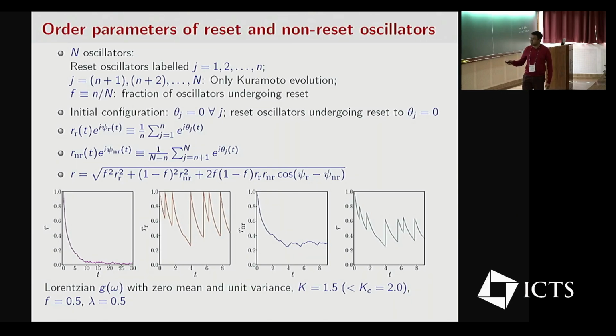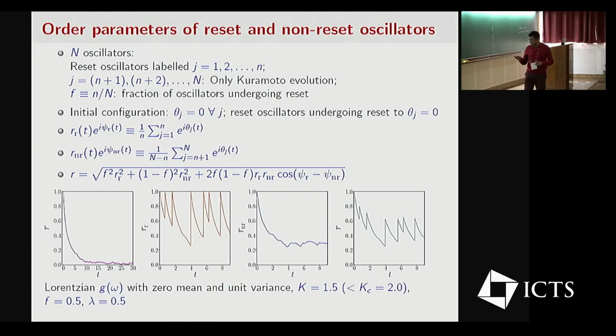So this is for the reset subsystem, and the question is what happens to the non-reset part of it, the complementary part. This is what I show here: the order parameter doesn't decay all the way to 0, but decays to a non-zero value. It shows that the whole system is getting synchronized, although I am playing with only a part of it.